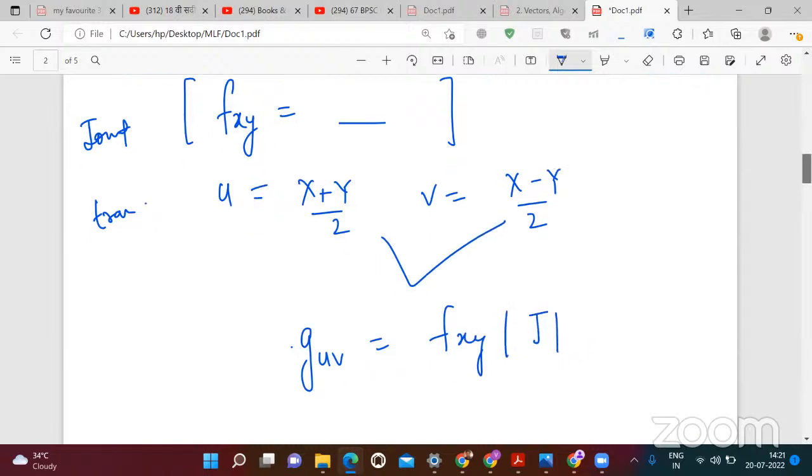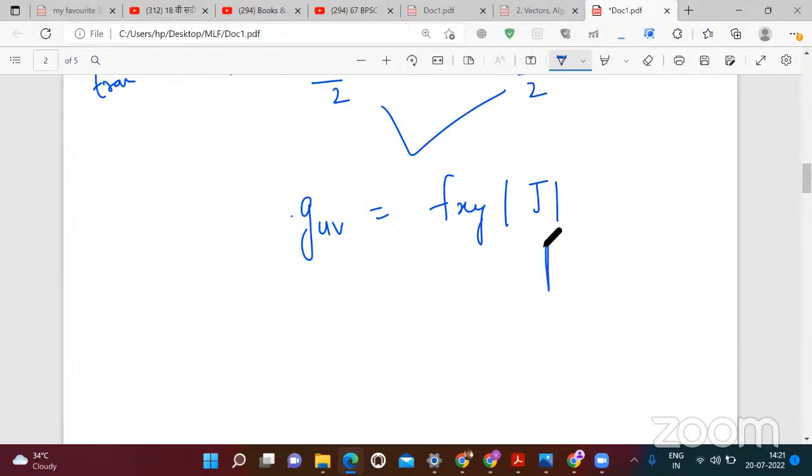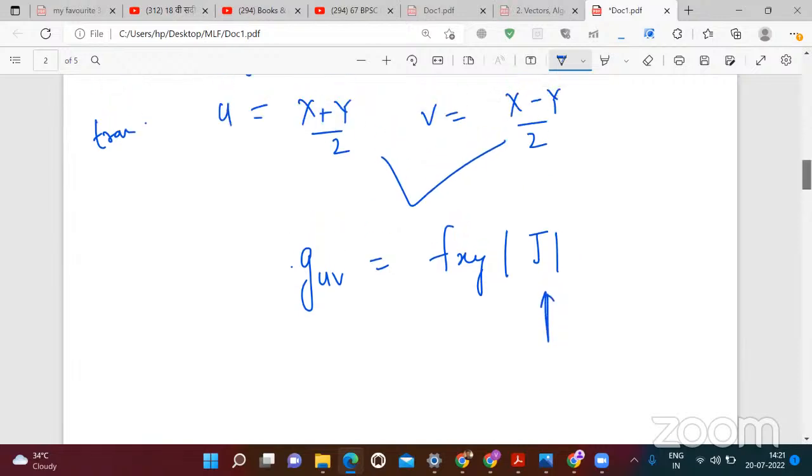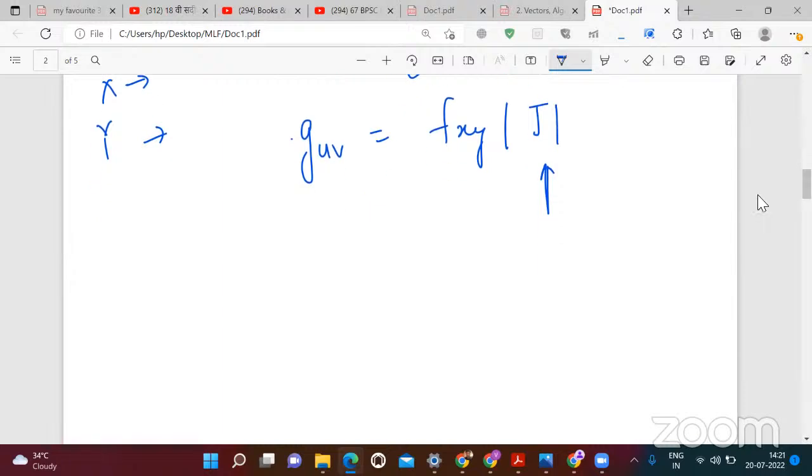To calculate the Jacobian, you need to write x and y in the form of u and v.